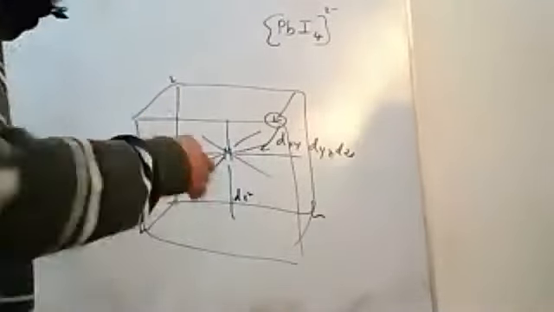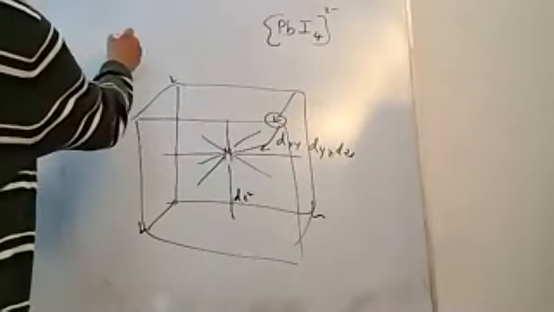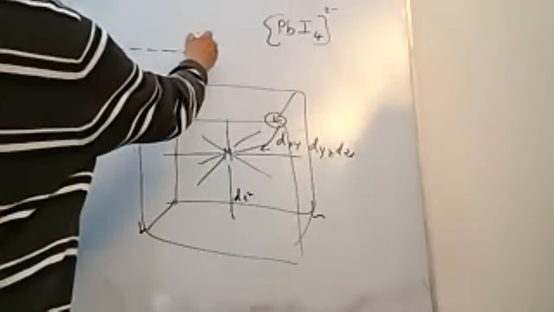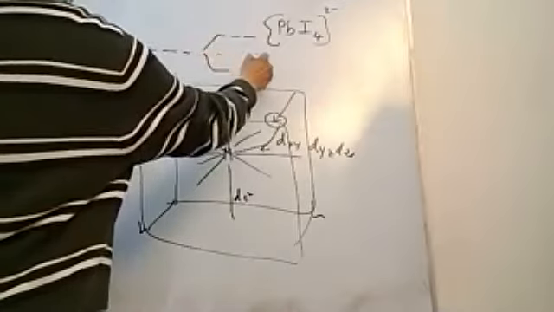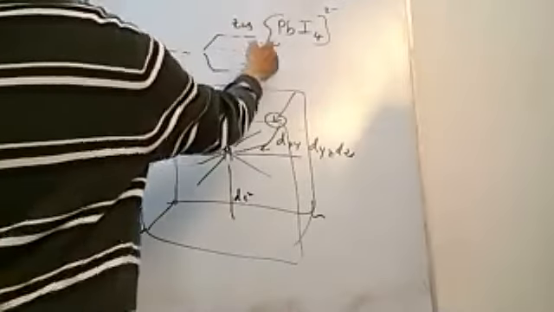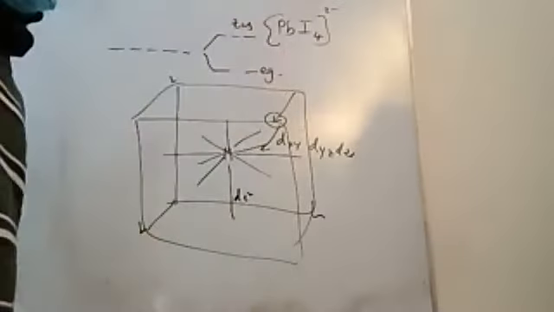So as a result, in all tetrahedral complexes, the splitting is just the opposite. The T2G is slightly higher energy and EG is lower.